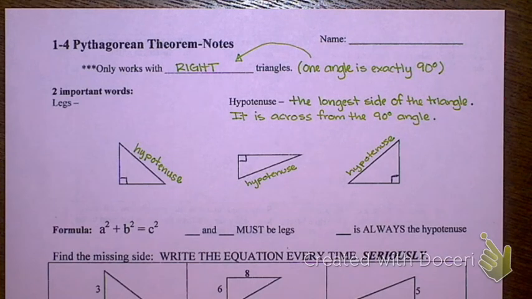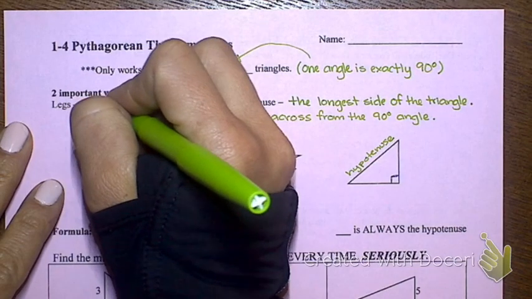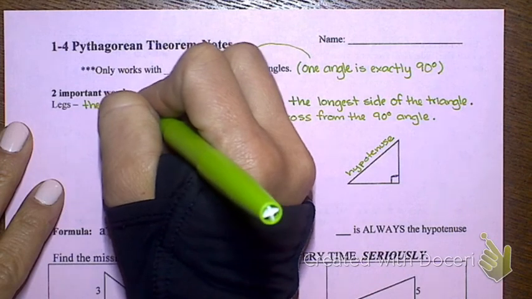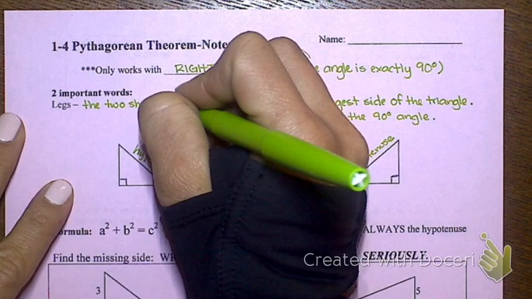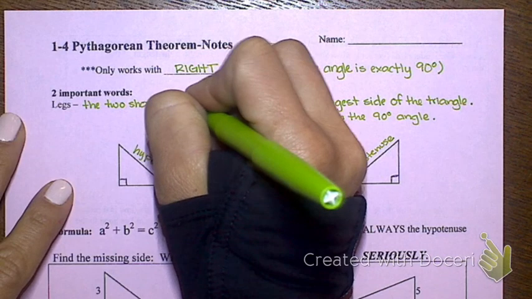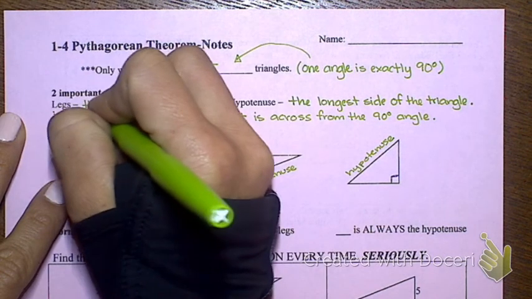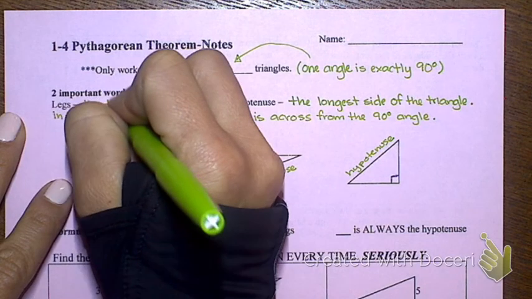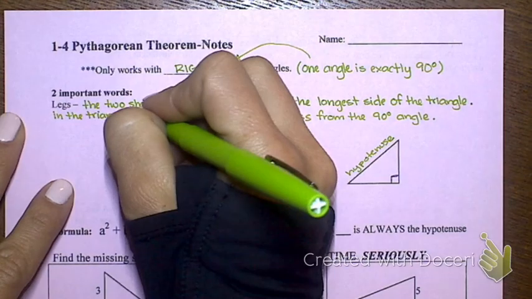Now, the other sides are what we call the legs. The legs are the 2 shorter sides in the triangle. And in a right triangle, the legs form the 90-degree angle.